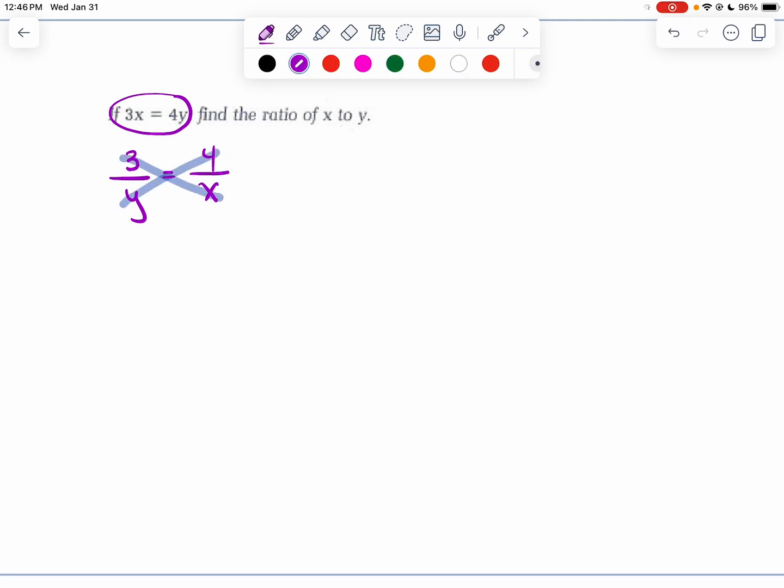Now it says find the ratio of x to y. When I write the equivalent ratio, the 3 and the x have to be on the same diagonal. So the 3 is going to be on the bottom and the 4 is going to be on the top. It's important that however you set this up, you make sure that the diagonals are the same.